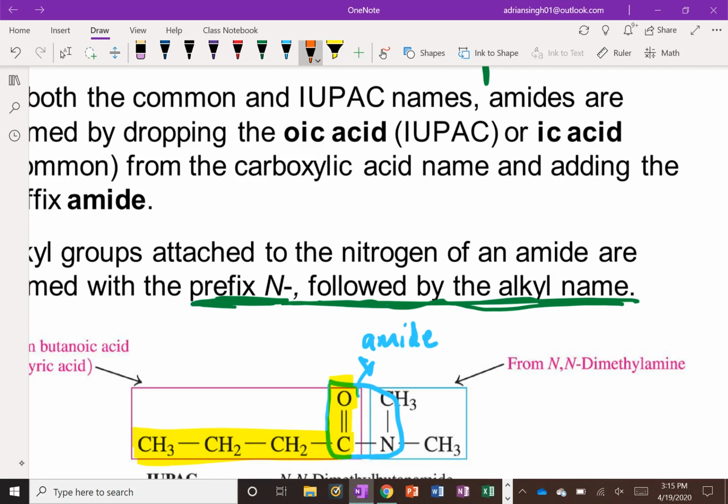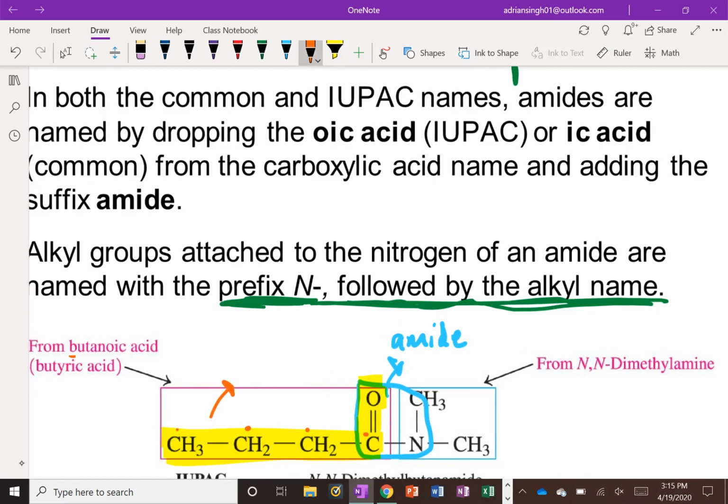We have a 1, 2, 3, 4 carbon carboxylic acid, right, so that would be butanoic acid that it came from. So as a last name then, if we have butanoic acid, we drop the ending oic acid and we replace it with amide. So it becomes butanamide.